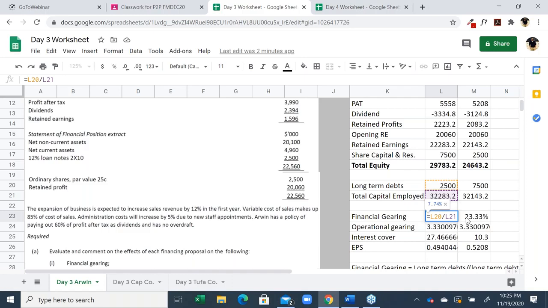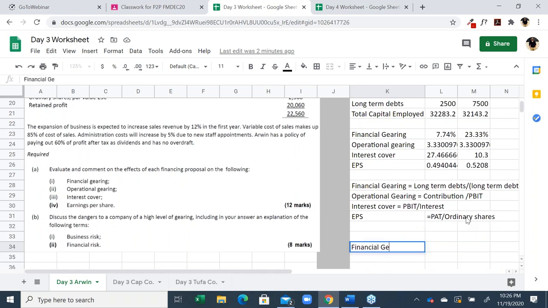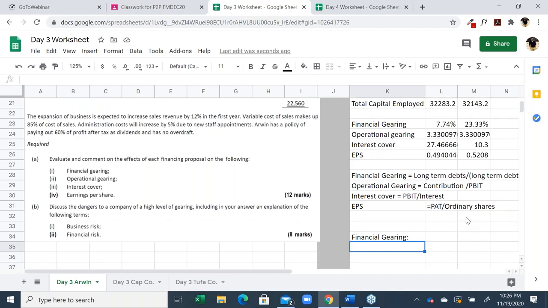Now, how we are going to comment on this impact? First of all, what you have to do is you have to put headings for your discussions, like financial gearing. So the style of writing should be, first you need to explain what will happen to the financial gearing if we choose debt finance instead of equity finance.